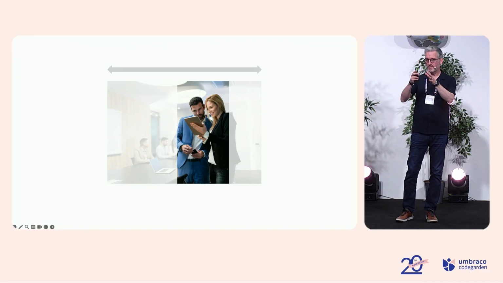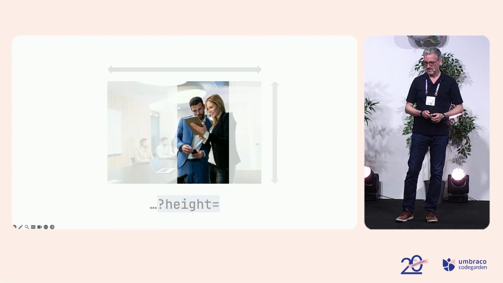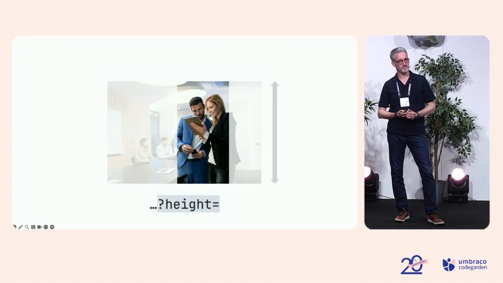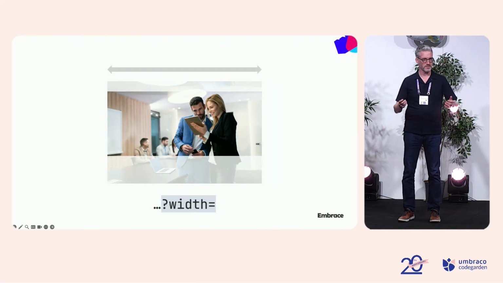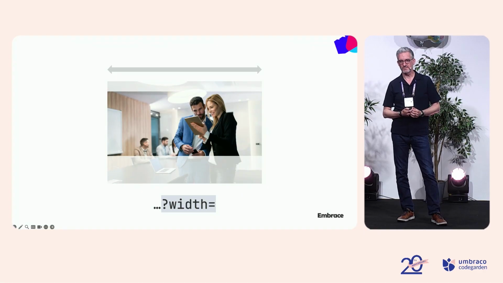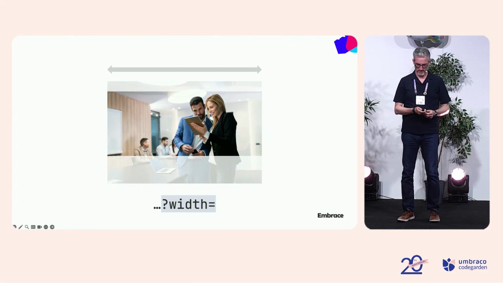So in those cases where we know it's going to come out vertical, we could just set the height instead. So we can put height equals on the end of our URL, and then we haven't got to work it out. We just know that that's the correct size. In the cases where we're going to crop that way, we can use the width equals. So it's just a little useful tip that means that probably our picture tags, where we've got multiple sources for these types of dynamic containers, will probably have a mixture of height and width as we work out those breakpoints.